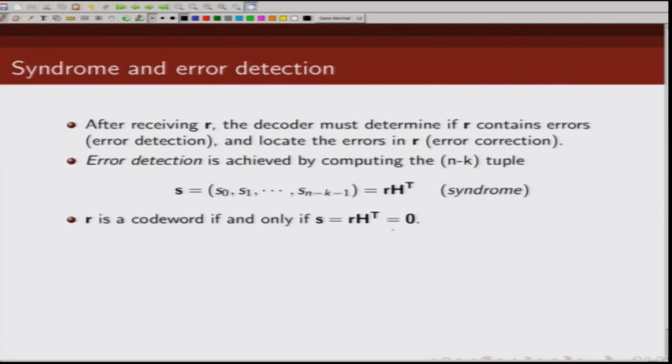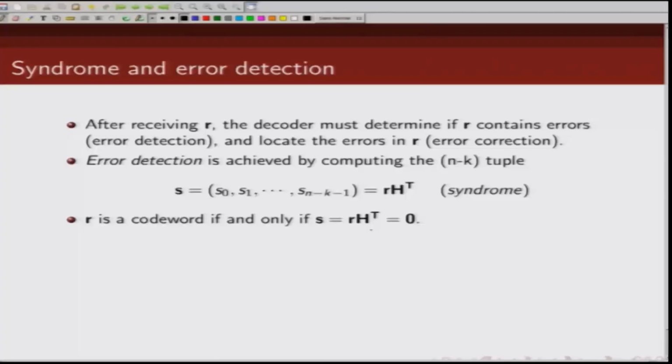So, if the syndrome is 0, then R is a code word, and this is easy to check, because we know that if V is a valid code word, then V H transpose will be 0.